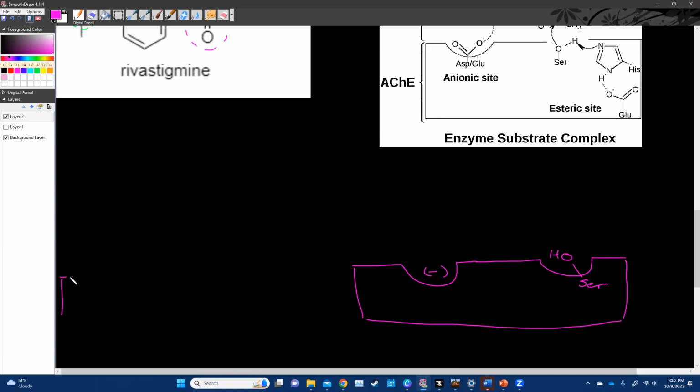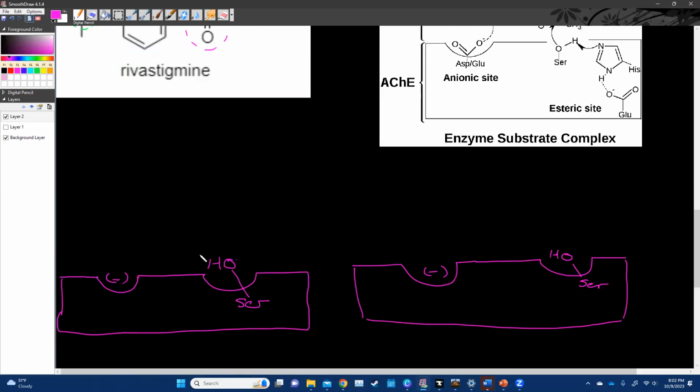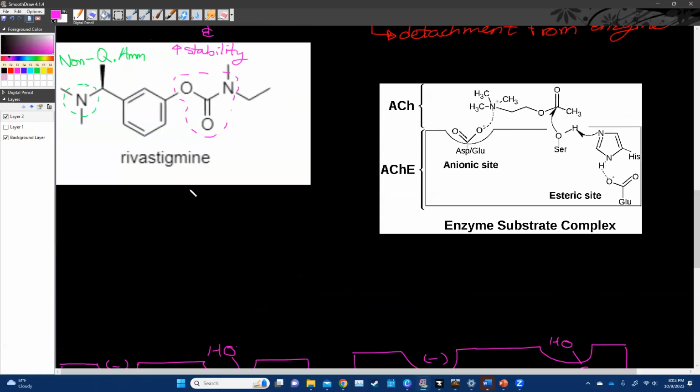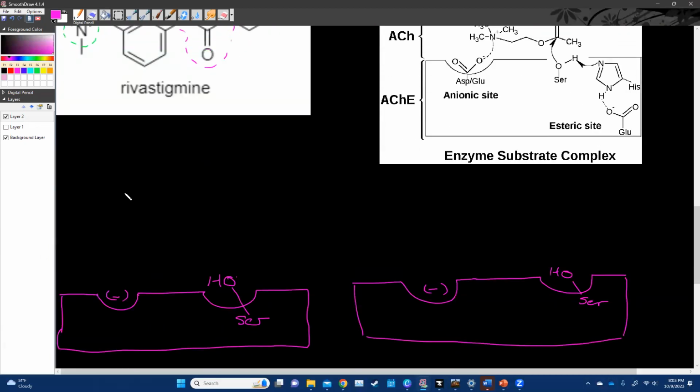And I'm going to draw another one over here because I need to explain two things. So we have our serine, coming out of it is the OH. What happens with physostigmine or rivastigmine, which I'm going to draw with rivastigmine just because it is a smaller drug.